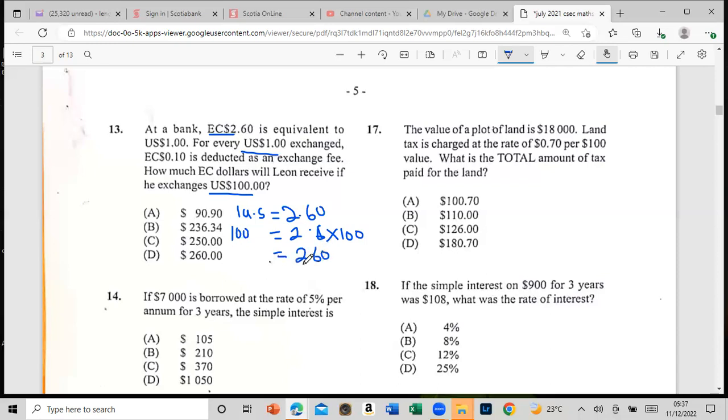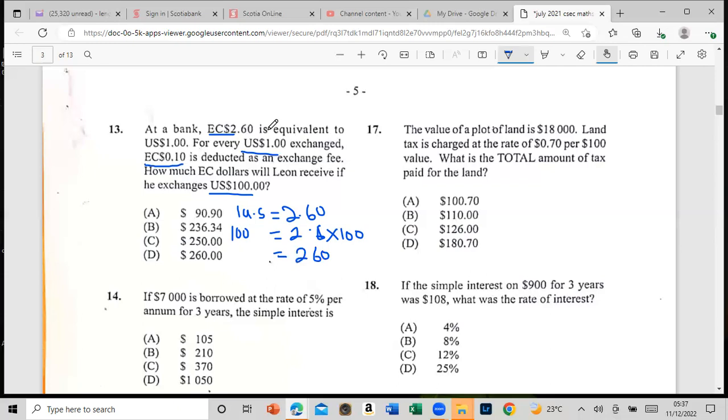This is the total money you're going to get in Eastern Caribbean dollars. So what we have to do now is deduct the 10 cents EC exchange fee for every dollar. Notice I say, for every $1 exchanged, 10 cents.